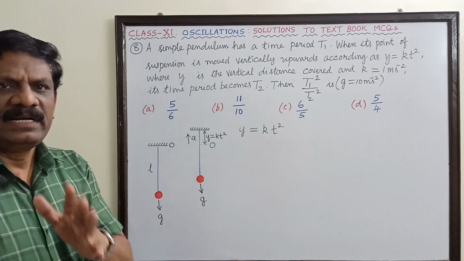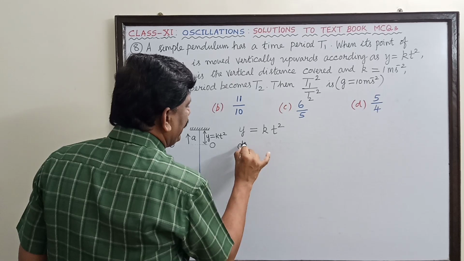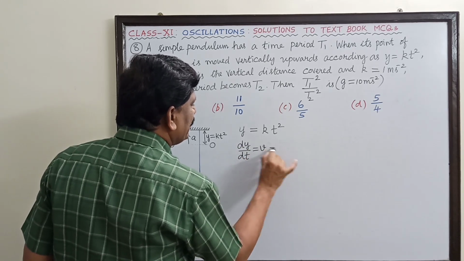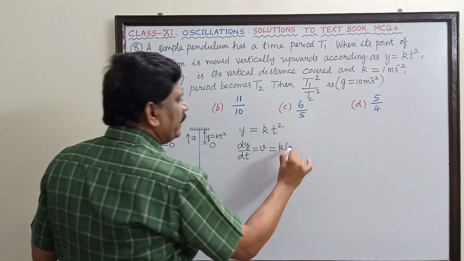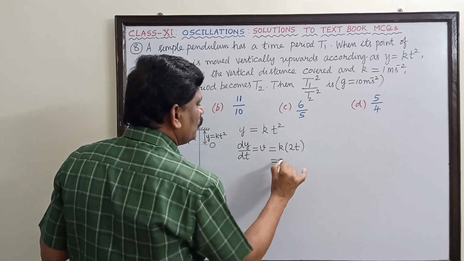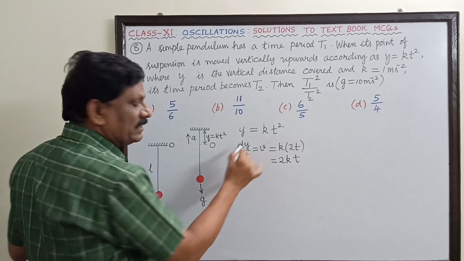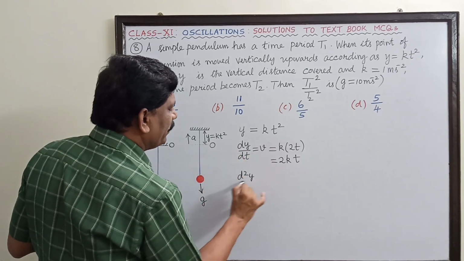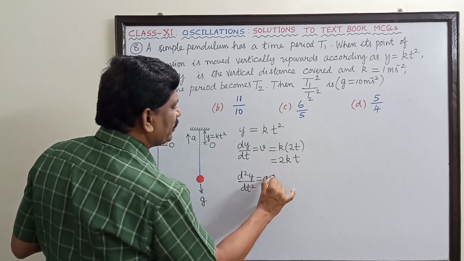You see here, its displacement y is equal to k times t square. If you differentiate this equation, we get dy by dt, that is equal to velocity. So that is k into 2t, which is equal to 2 k t. Once again, if I differentiate this, then d square y by dt square, that is equal to acceleration.